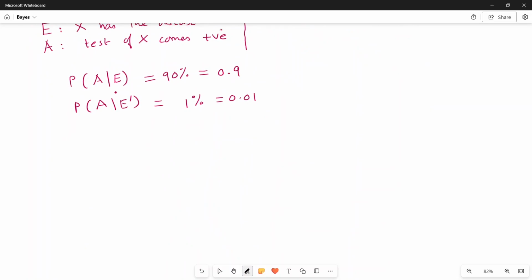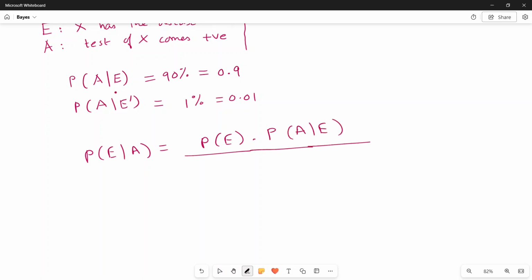So the probability of E given A is the probability of E multiplied by the probability of A given E, divided by the probability of E into the probability of A given E plus the probability of E complement multiplied by the probability of A given E complement.